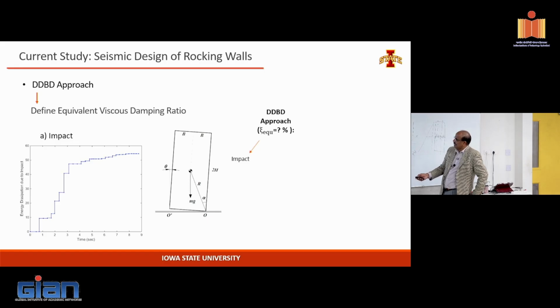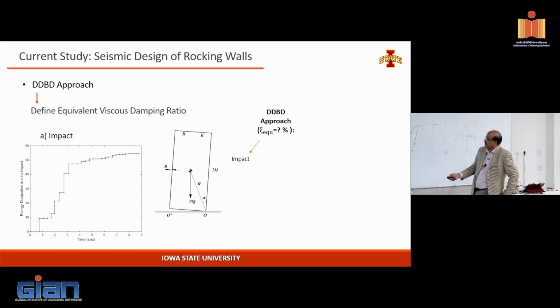So every time you impact, you lose some energy. At the next impact, you lose some energy. You go to the next impact. Whatever the energy put in, by the time it comes here, you see that the wall is slowing down. That's the energy dissipation, as it's rocking back and forth. But by the time you hit this point, all input energy has been dissipated by the impacts that have gone through.